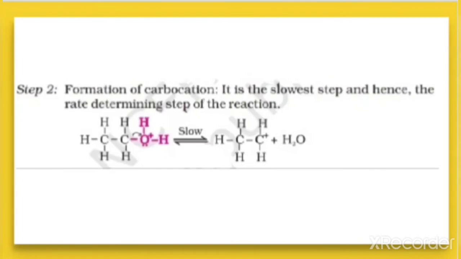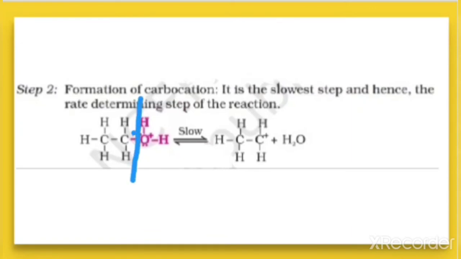Next step, formation of carbocation. It is the slowest step. Hence, it is the rate determining step of the reaction. Here there is a removal of water. You can see here there is a cleavage, a cleavage between the carbon and oxygen, that is a C-O cleavage.